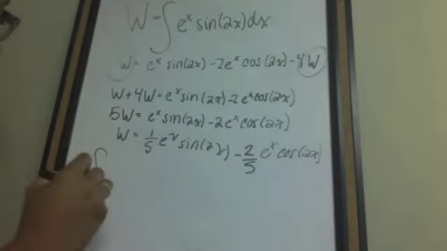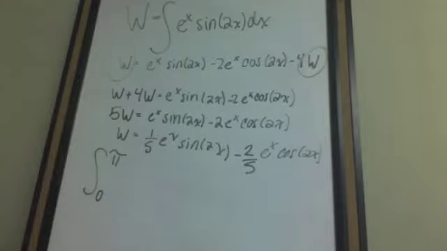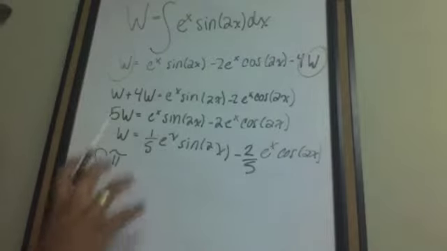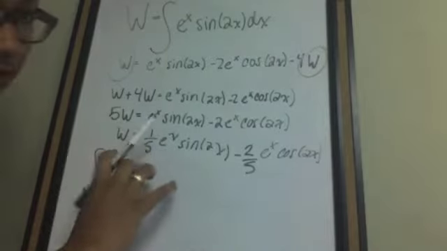And now on the integral from 0 to pi, because that was our initial problem, we were looking at this equation and integrating it on the interval from 0 to pi.